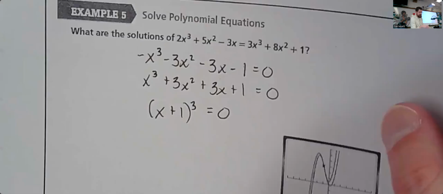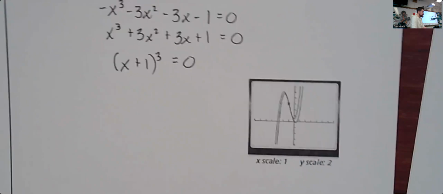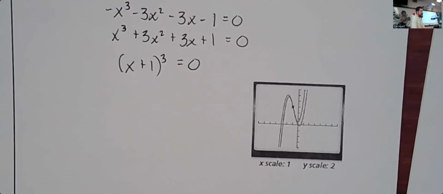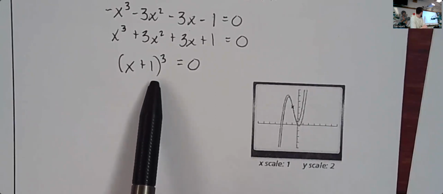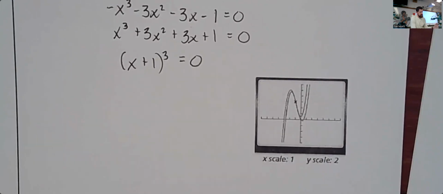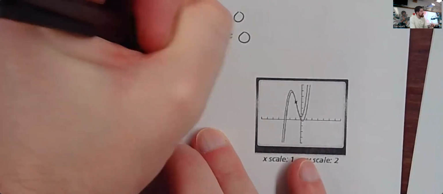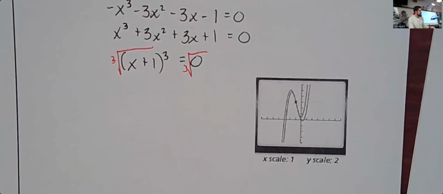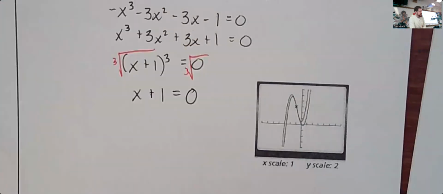But right here, we've got ourselves a binomial cube. If we were to solve this, we cube root both sides to get rid of the exponent, and that ends up giving us x plus 1 equals 0, which means that x equals -1.